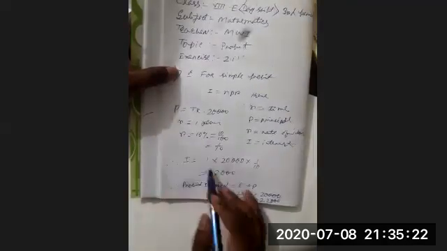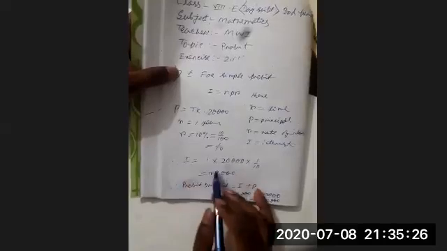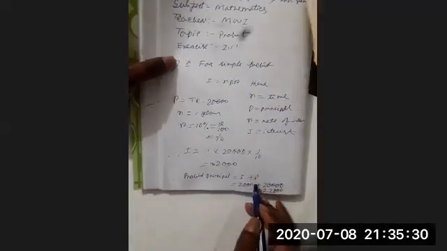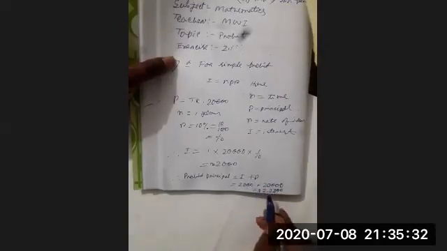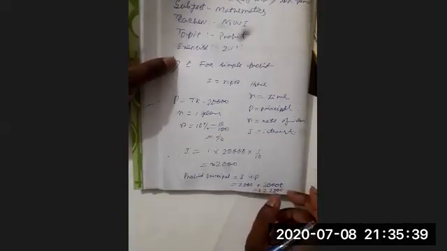After putting in these values, we get the interest as 2,000 taka. So profit principal equal I plus P, 2,000 plus 20,000 equal 22,000 taka. That is the profit principal after 1 year.